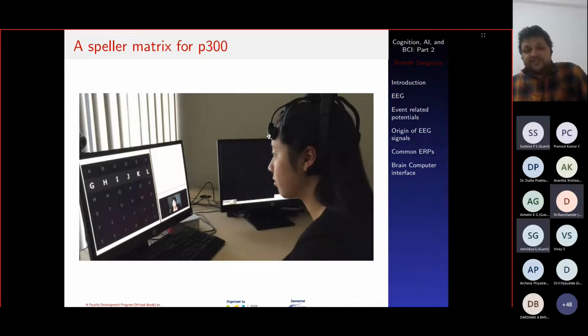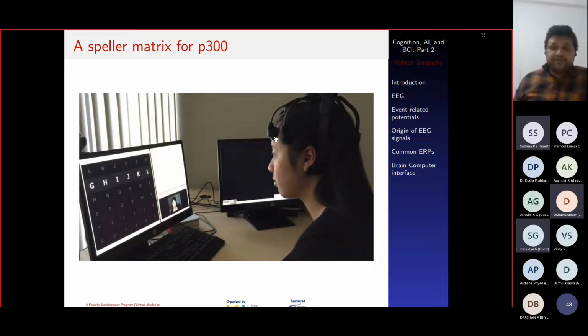Sorry, 1/6, because every time 6 letters will be illuminated, and there are a total of 36 letters, so the chance that the row of W is illuminated is 1/6. So it's a rare event. Whenever W gets illuminated, your brain will give a P300 signal, and that's how the BCI will know.